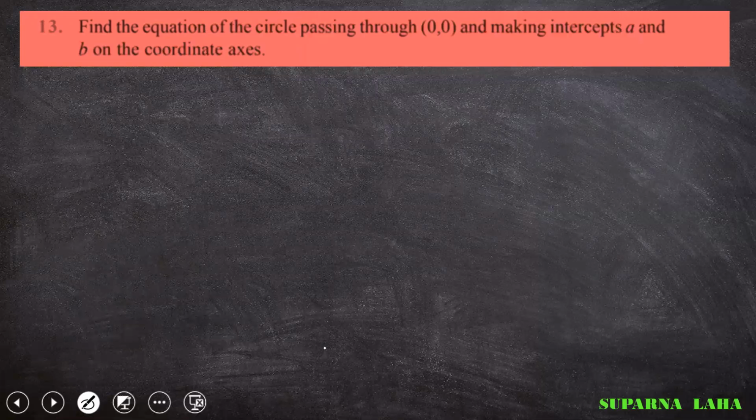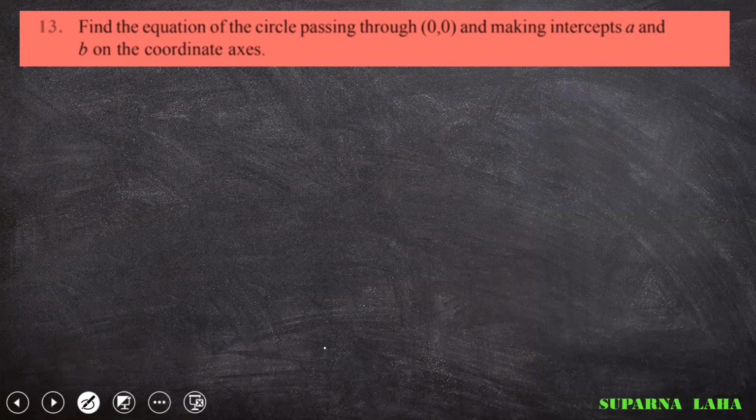So next question. Find the equation of the circle passing through the point (0, 0) and making intercepts a and b on the coordinate axes. Making intercepts means that the circle will touch these axes at the points a and b.